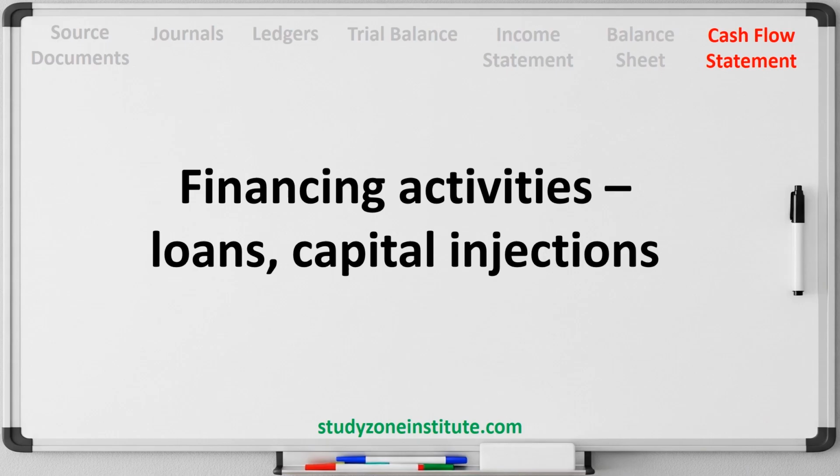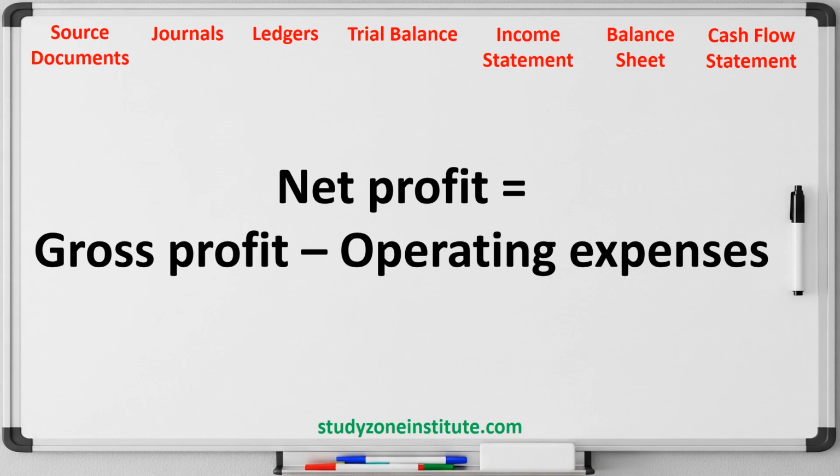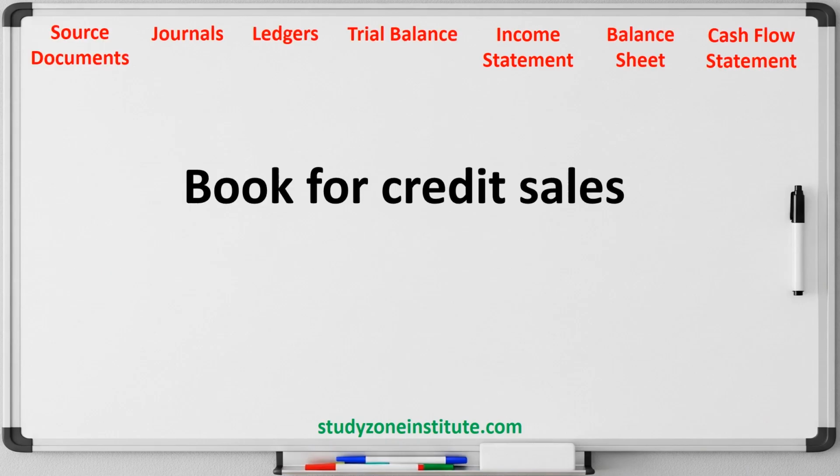Cash flow statement. Book for all cash transactions. Journals. Net profit equals gross profit minus operating expenses. Income statement. Book for credit sales.